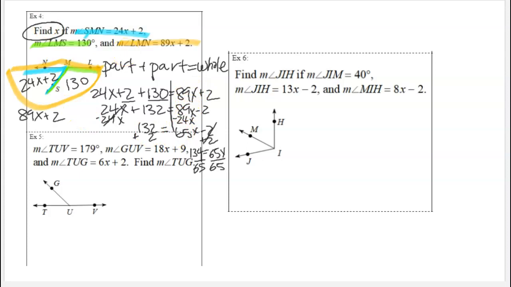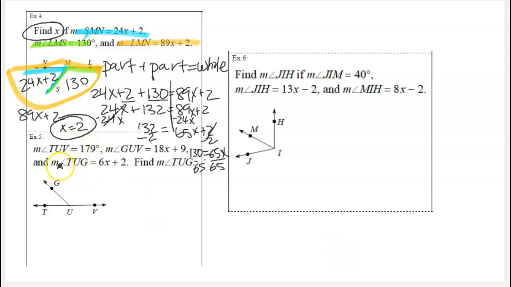Oh, now I see it. It was supposed to be plus here. So I need to change this to subtraction. And that brings 130 equals 65x, and then finally x equals 2. That is our final answer.